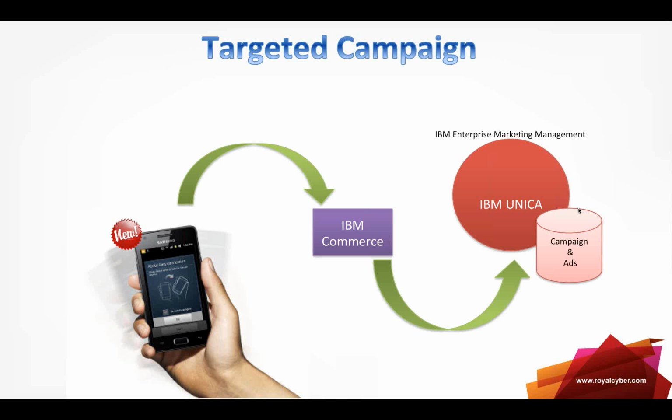Basically, we are personalizing the ad campaign based on the user type. This is where we use IBM Commerce and IBM Unica to come up with the ad campaign, so that when users are in a specific geolocation, they can get specific coupons or ad campaigns for that location.